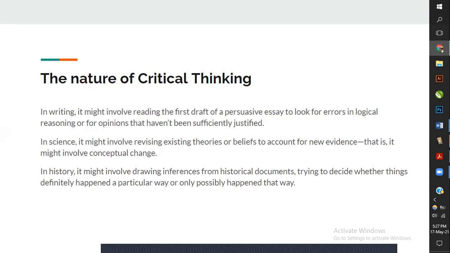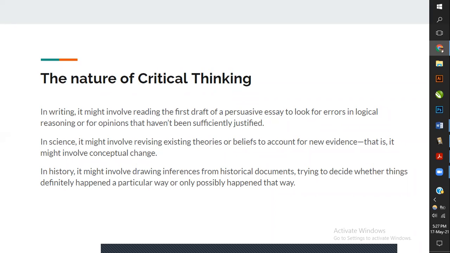In science, it might involve revising existing theories or beliefs to account for new evidence. That's true because in science, everything has past theories or beliefs that we want to extend the knowledge of from today. In history, it's almost the same.